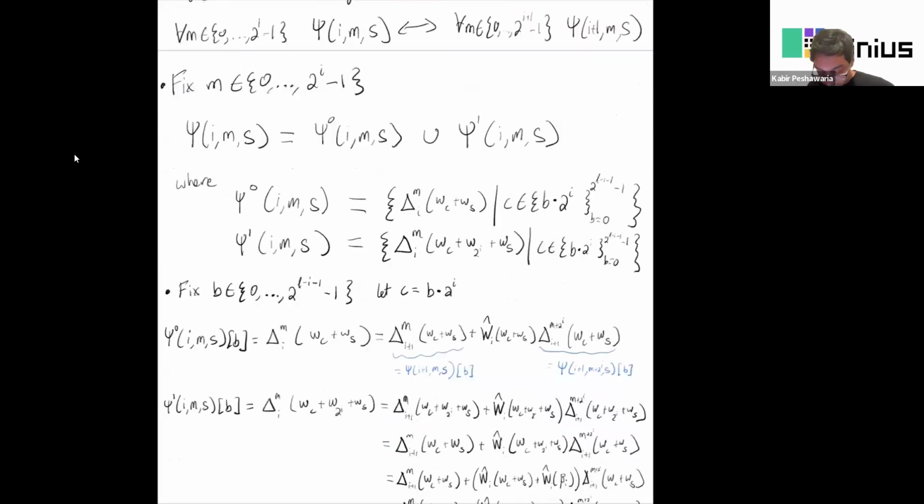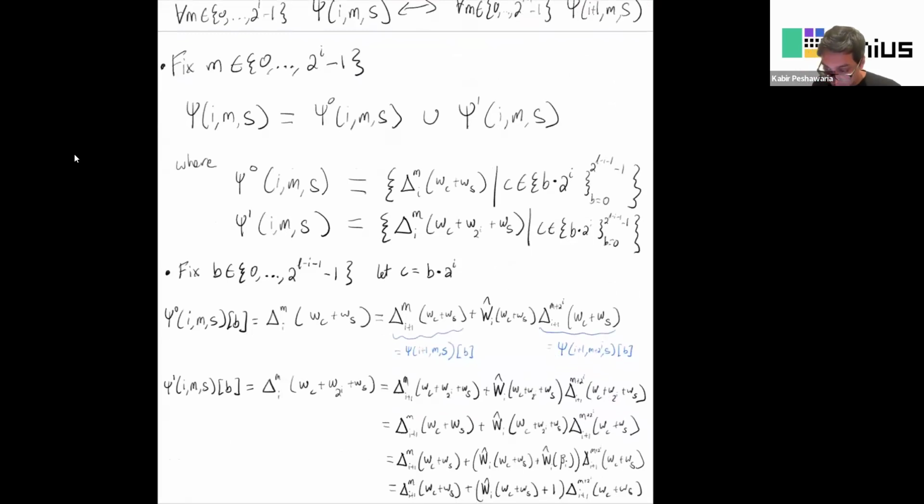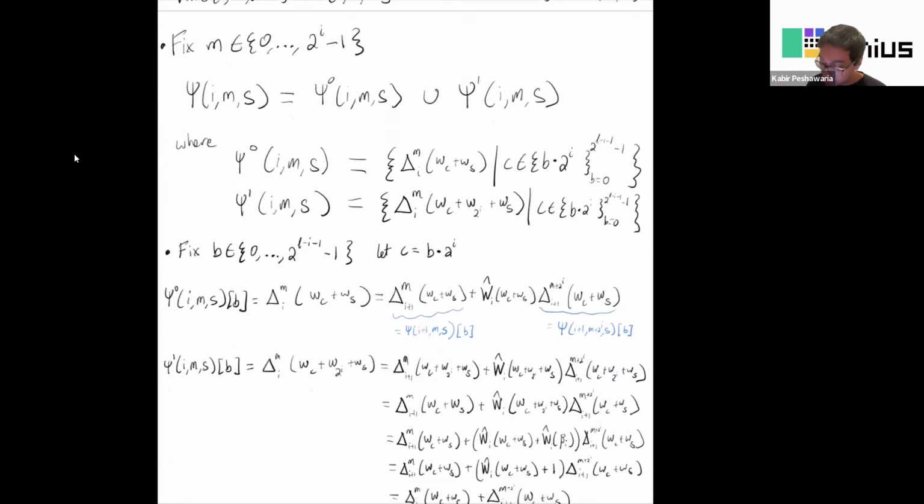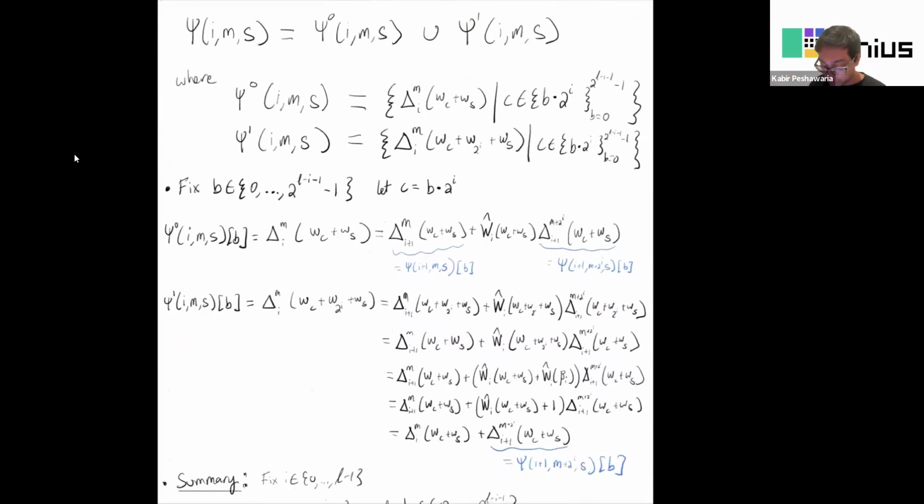What's going to happen is that these two elements here for a fixed m, but psi of I plus 1 will have twice the number of m's. There's some weird patterns going on here. I think it's just clearest if I tell you exactly what the pattern is.